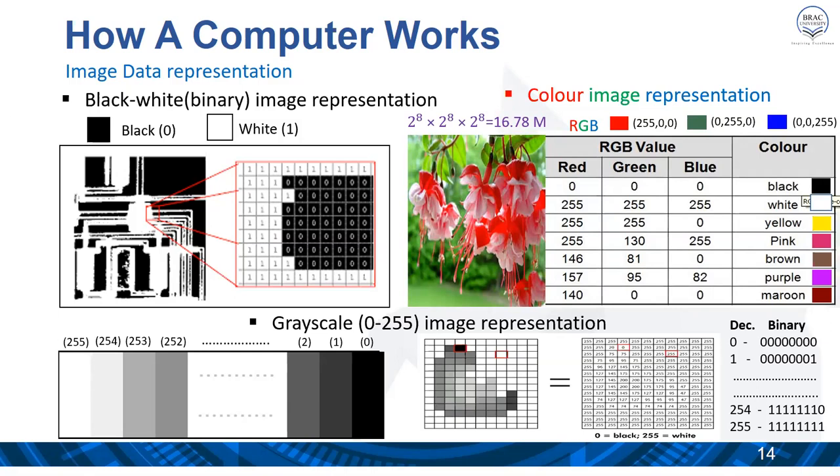So each pixel is represented by the combination of intensity values of all 3 color components. For example, a red pixel is represented by the combination of 3 color components, red, green, and blue. The first one is the red component, second one is green, and the third one is blue.